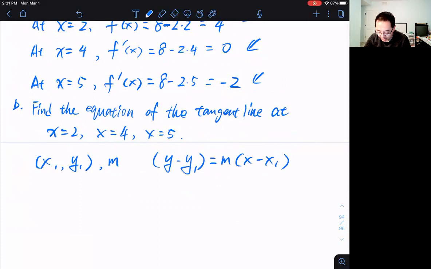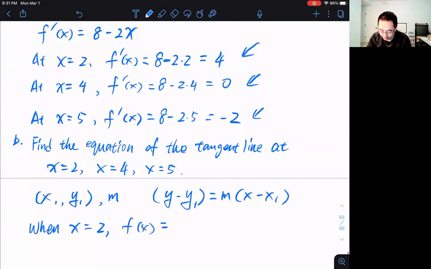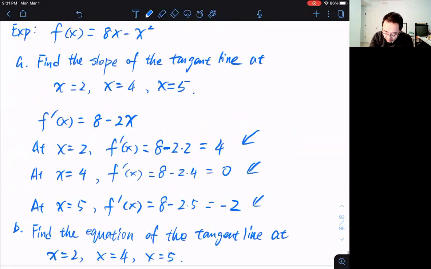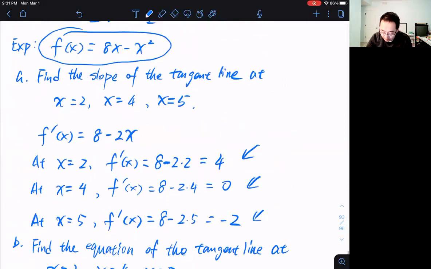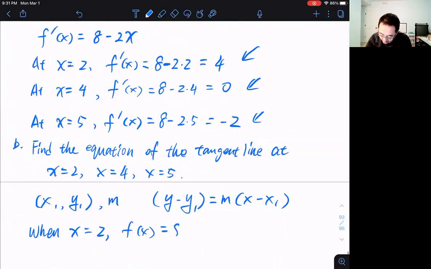To find the equation of the tangent line, first we need to know the y values for these three x's. When x equals 2, y, or f of x, equals, using the original function, 8 times 2 minus 2 squared, which is 16 minus 4, which is 12.